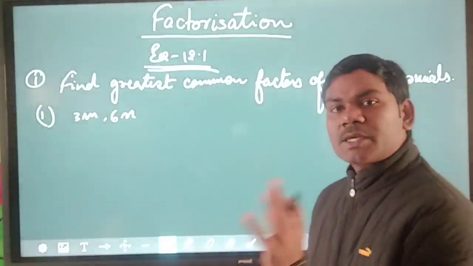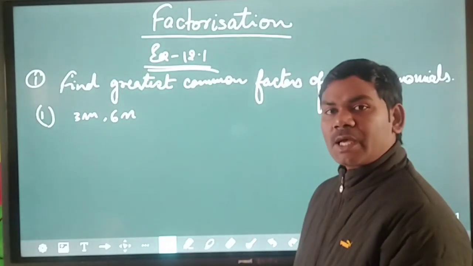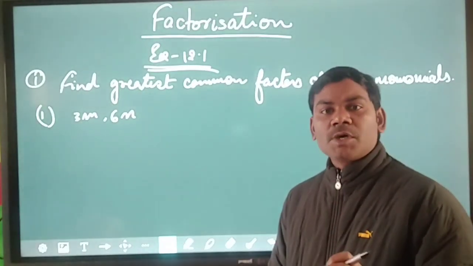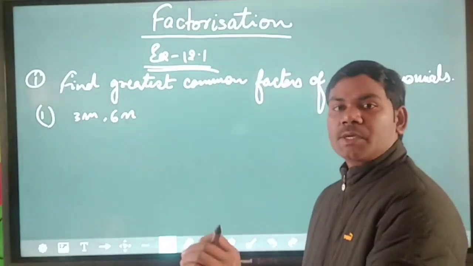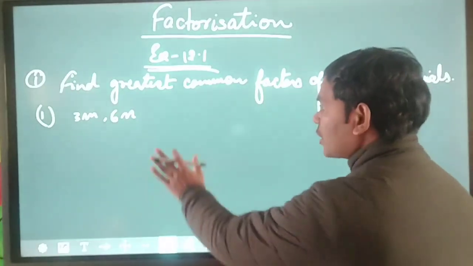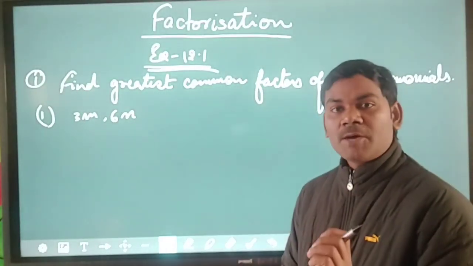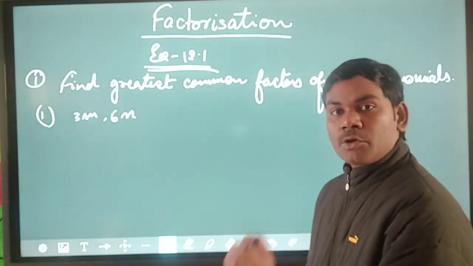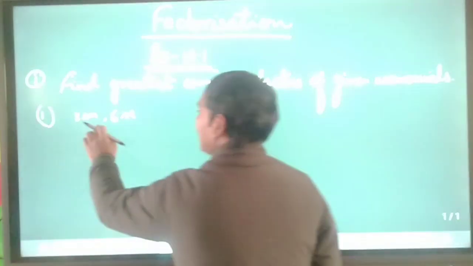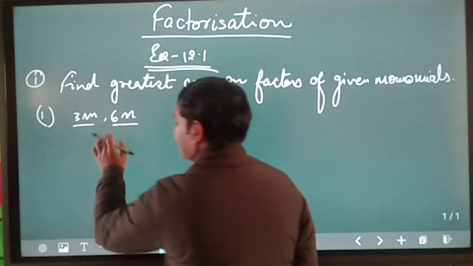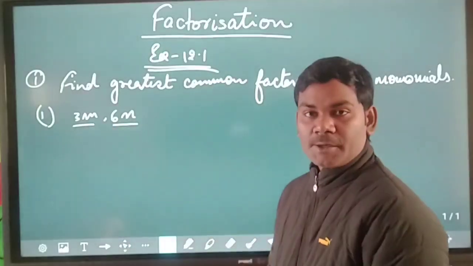What do we mean by greatest common factor? As I told you, it is the greatest number which can completely divide the given numbers. Your given terms are 3m and 6n, and we have to find a number by which 3m and 6n can be completely divided.